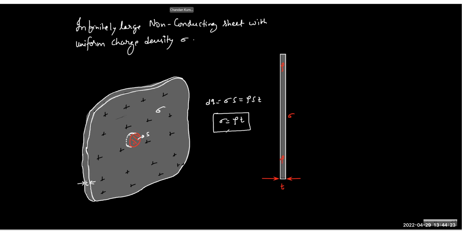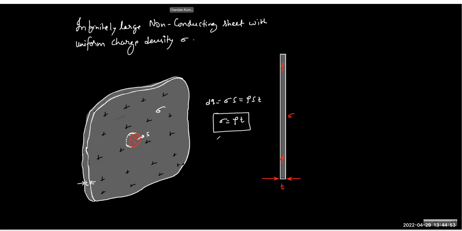When I say sigma, I'm just trying to represent the area-wise quantity instead of writing the volume. So the sigma, the way we define it for the non-conducting sheet, is thickness of the sheet into volume charge density. Charge is part of the volume, not the surface, but the thickness is so small that we essentially call it surface.